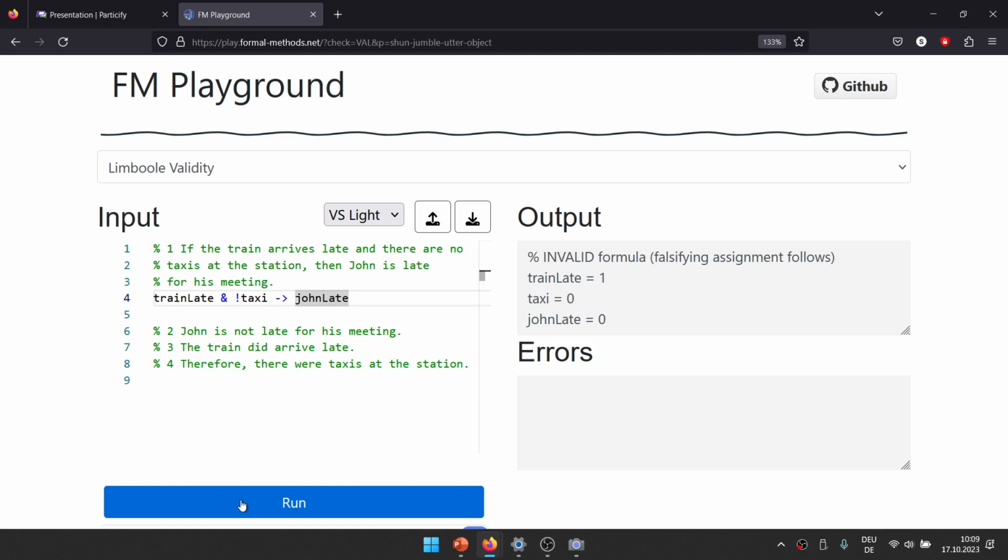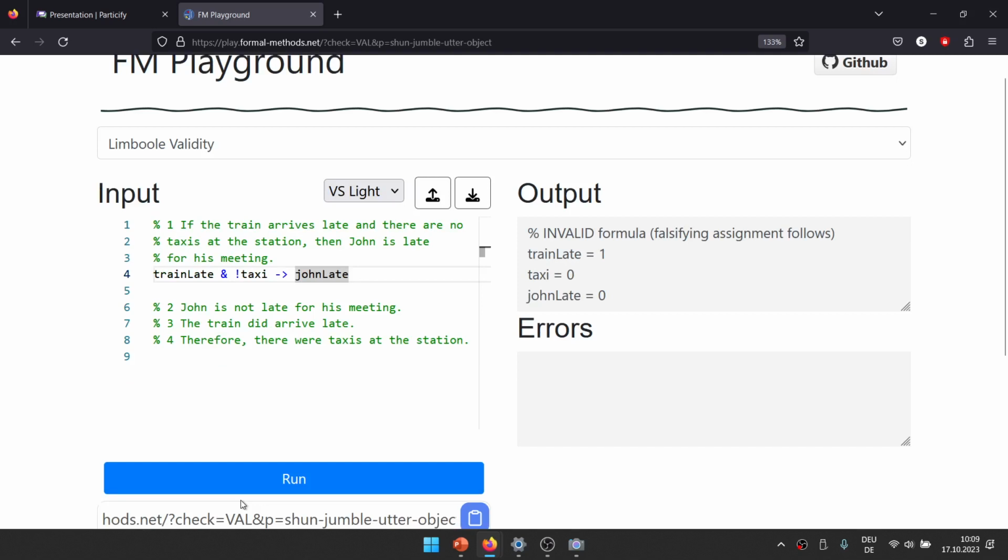I would write John late or not John late, and this wouldn't mean anything, because it's simply true that he's either late or not. So even if something were valid here, it's not very helpful for making conclusions, because it's just saying that whatever happens, it's true. So that's the first part.